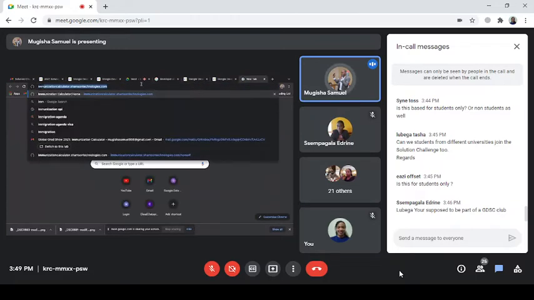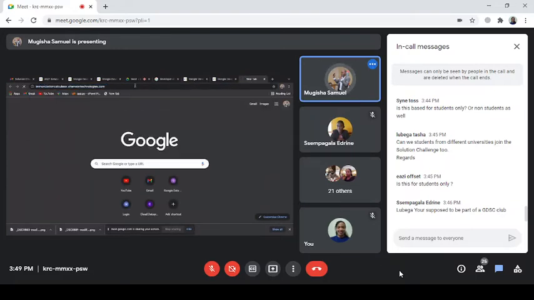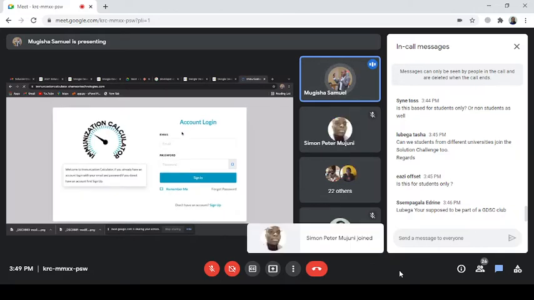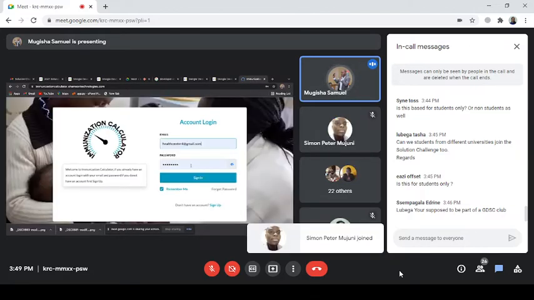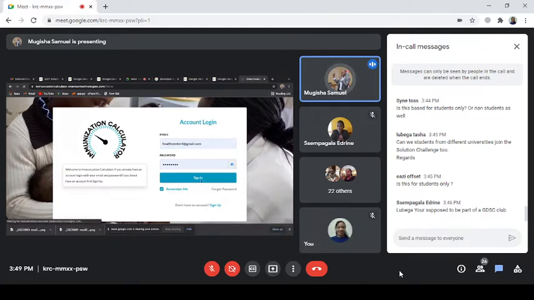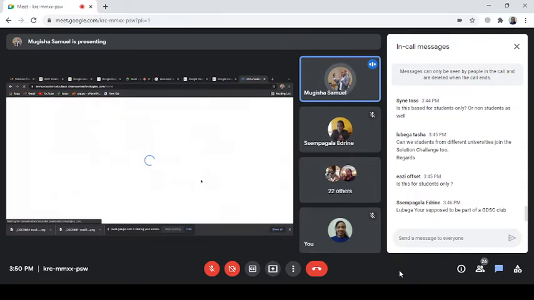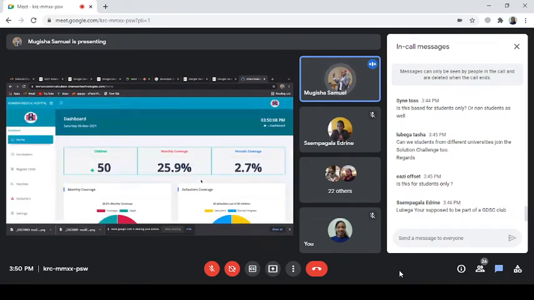If I go to the immunization calculator, it can now process data for DHIS2, a district health management system. So at least it can know this place immunized this amount of children, this one needs something, this one is defaulted. This is the project.